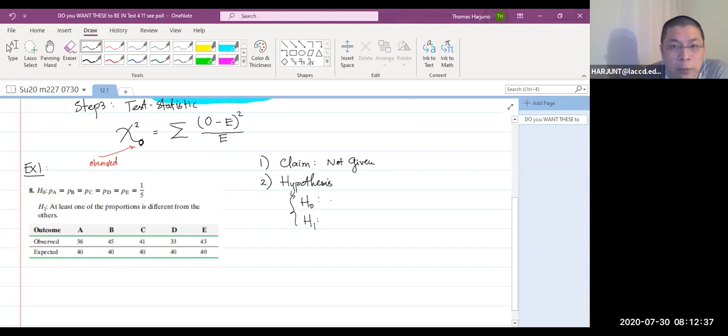The null hypothesis is PA equals PB equals PC equals PD equals PE equals 1/5.